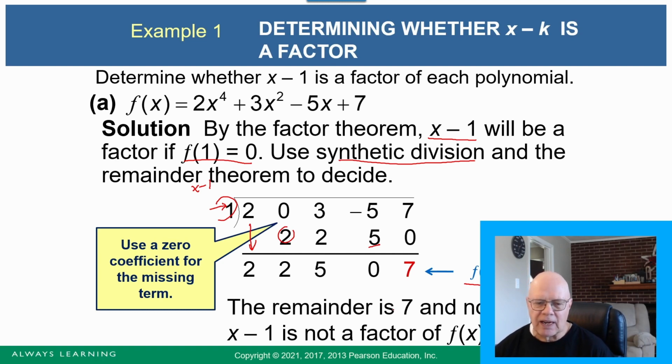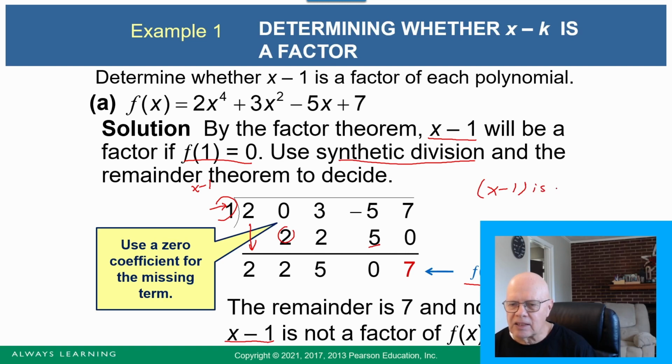Number 2, it tells us that x minus 1 is not a factor of f of x. And by extension, because of that theorem we just talked about, that means x minus 1 is not a factor of this polynomial that we've got up here.